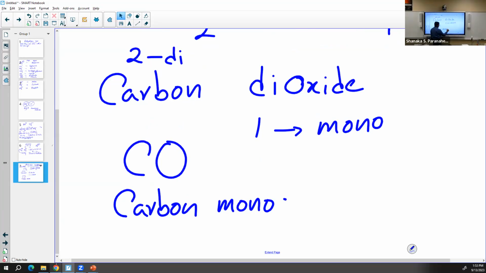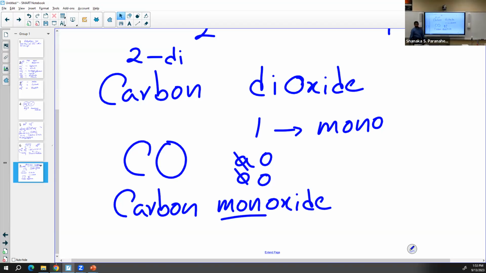Oxygen becomes oxide, and we don't write 2 vowels together, so we omit the first vowel. So when we see A and O, or O and O, we cancel out the first vowel. Okay, so carbon monoxide. So this is the place where we use the mono prefix. In all the other places, we don't use the mono prefix.